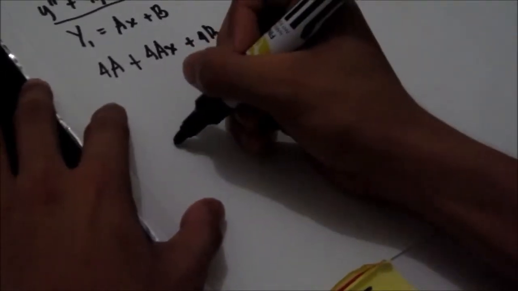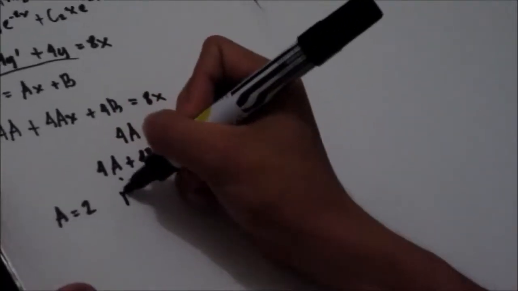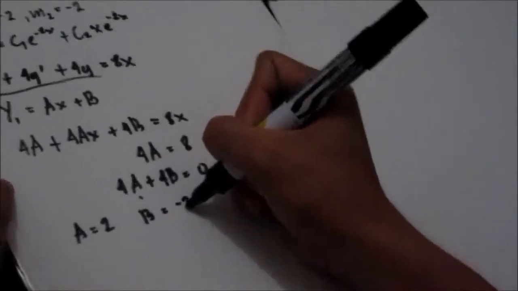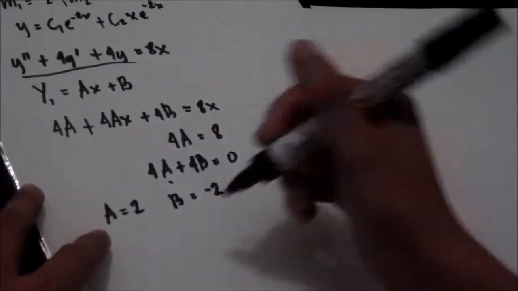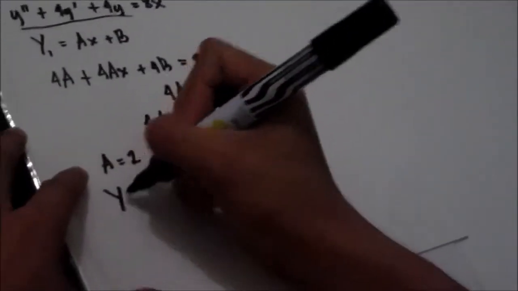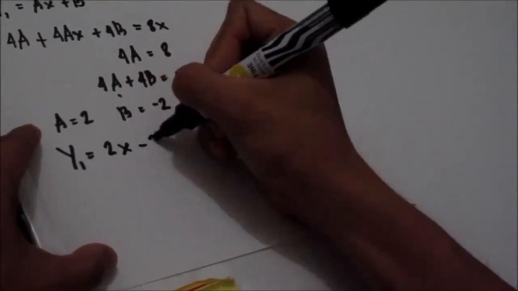Now we can get a directly: a is 2, and by substituting a in this equation we get b, which is negative 2. So substituting a and b, y1 is now 2x - 2.